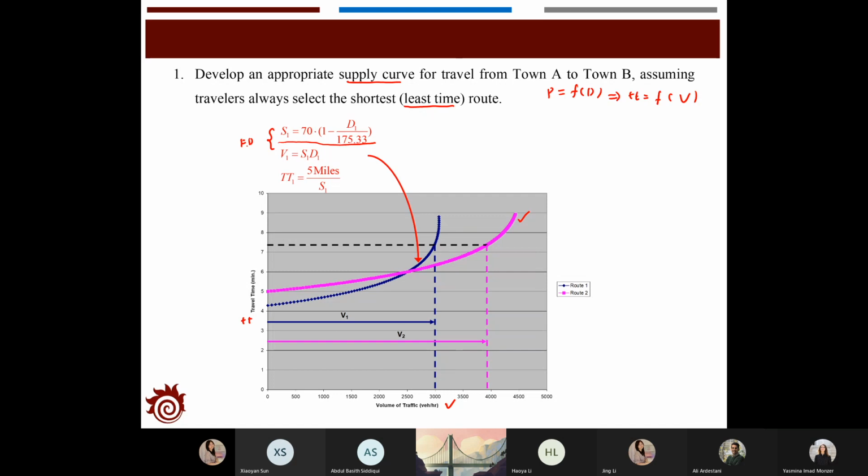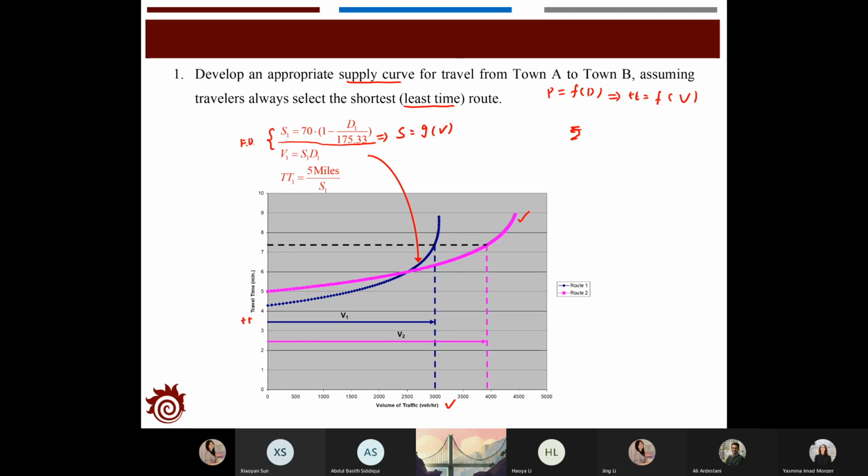With it, you can find the speed as a function of the density, or as a function of the flow. Let me use another symbol, G.